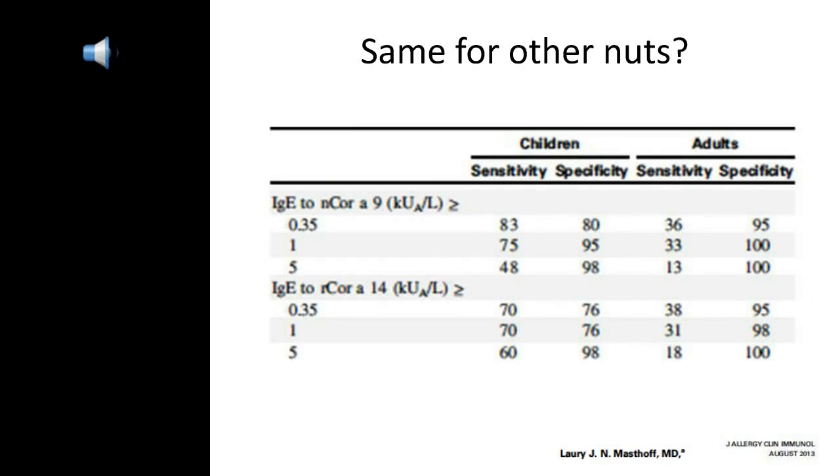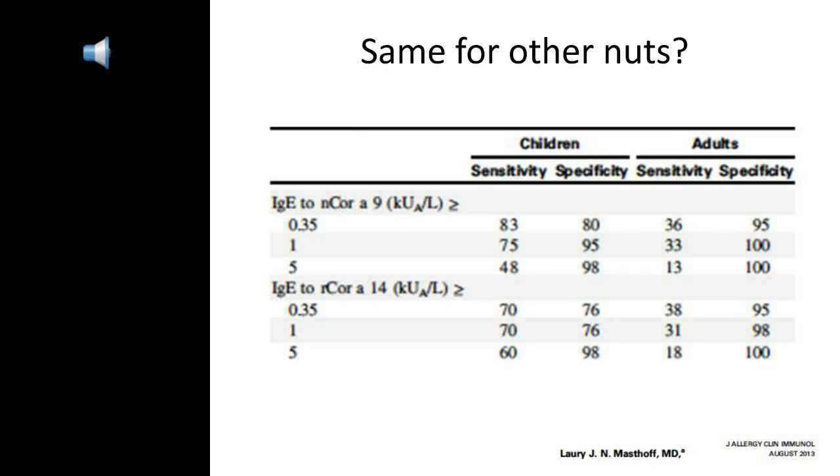One thing which is a bit worrying about component-resolved diagnostics is that the cutoffs we're looking at may be age-specific and also geographically specific, and their performance might be a lot worse at another age.